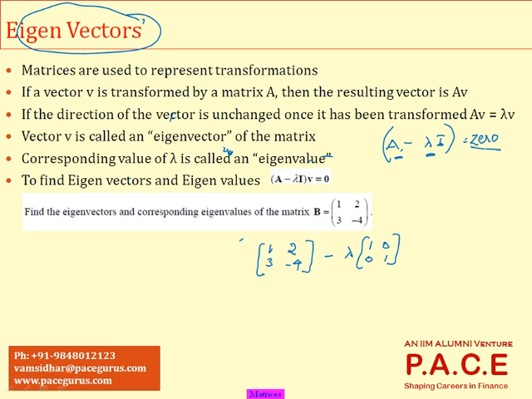The determinant of this particular matrix 0, which means makes it a singular matrix, is what we call the eigenvalues. Now how do I solve for it?